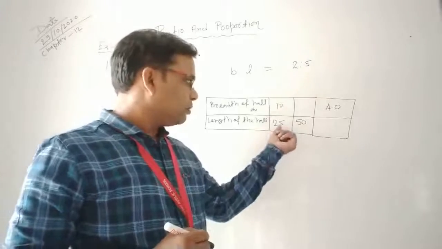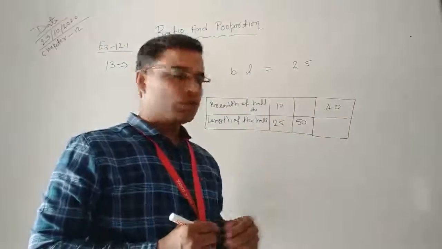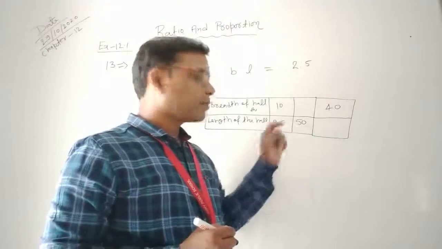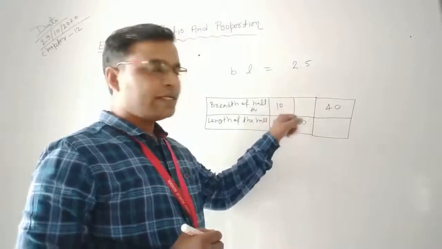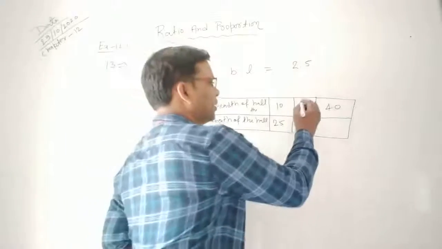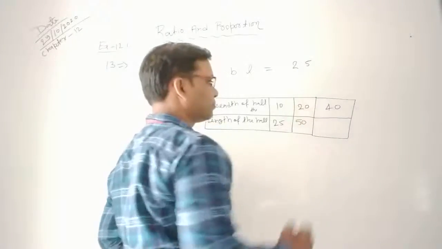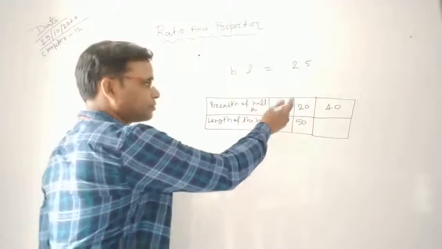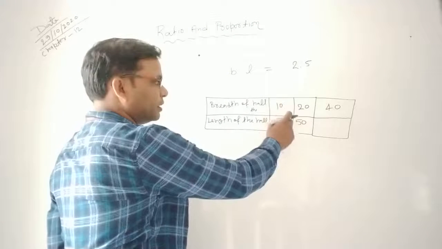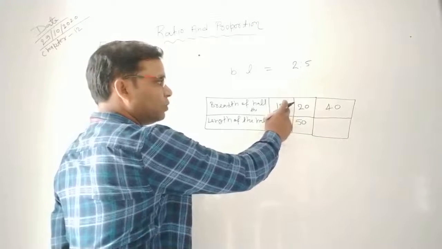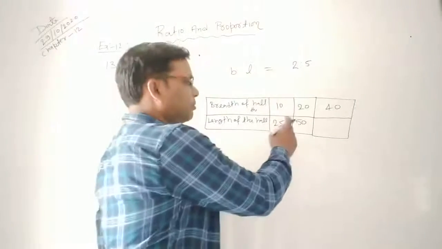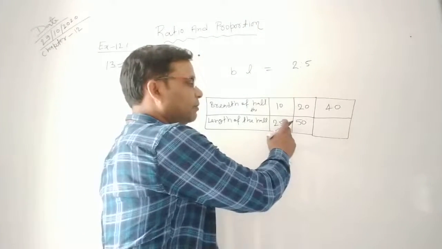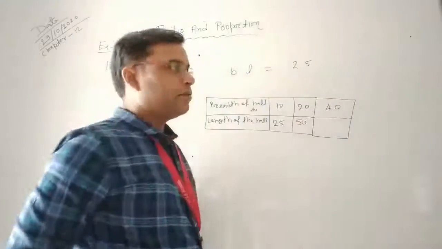So if we multiply 25 by 2, then we obtain 50. Again, if we multiply 10 by 2, then we obtain 20. This is clear. You can see this is the breadth, this is the length. If you multiply 10 by 2, you obtain 20. Again, if you multiply 25 by 2, we obtain 50.